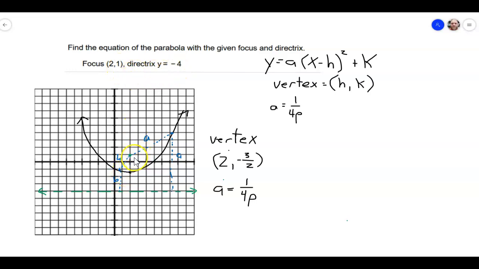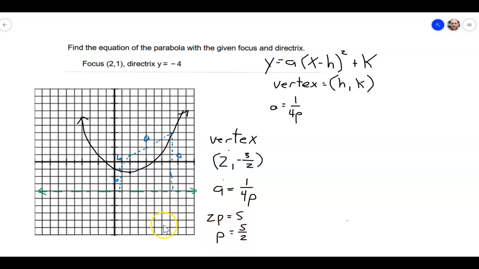How far does it go from 1 to -4? That's a distance of 5, right? If you just do 1 minus -4, that's 1 plus 4, which is 5. So if 2p is equal to 5, then divide both sides by 2, and you get p is equal to 5/2.